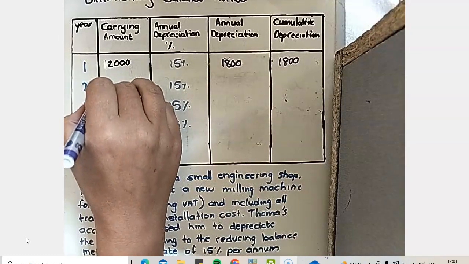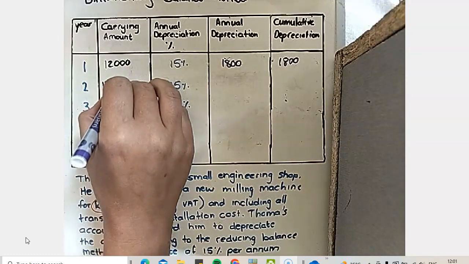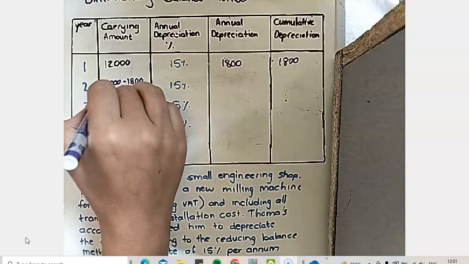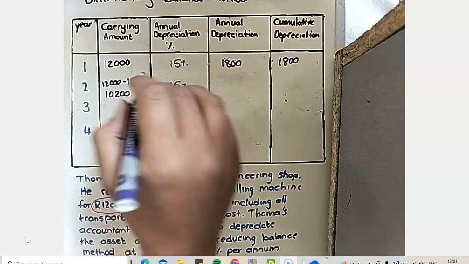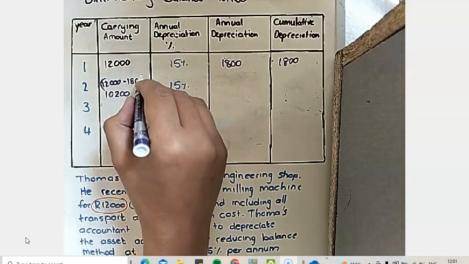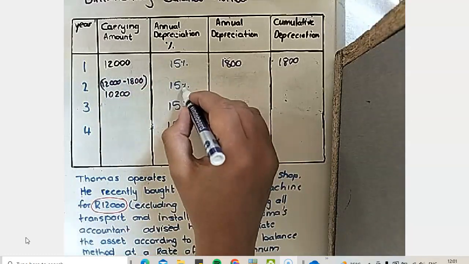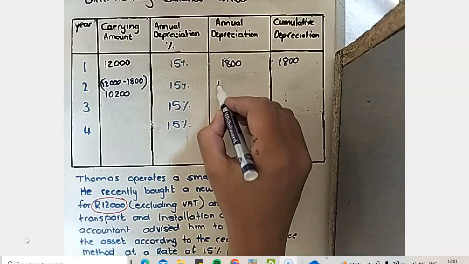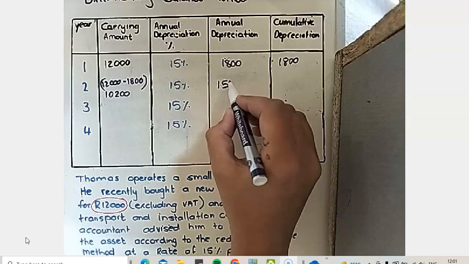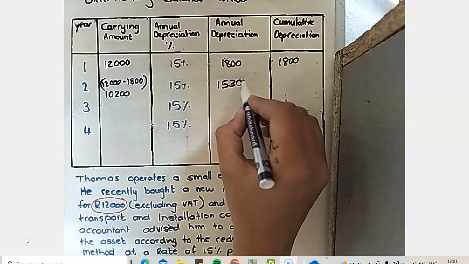In year 2, to calculate the carrying value, you take 12,000 minus 1,800 to get the value of 10,200. Then you take 10,200 times 15 over 100 to get your new annual depreciation for that year as 1,530.